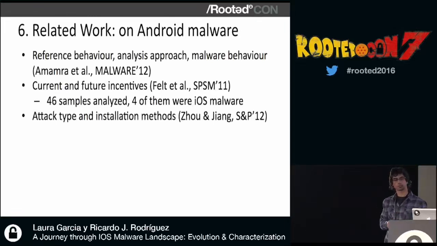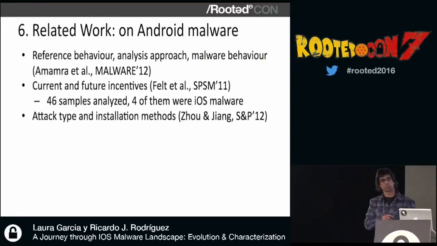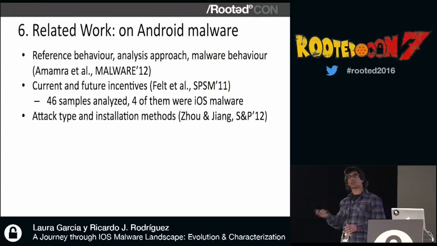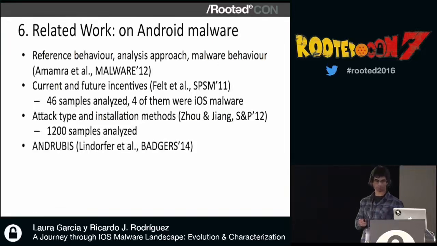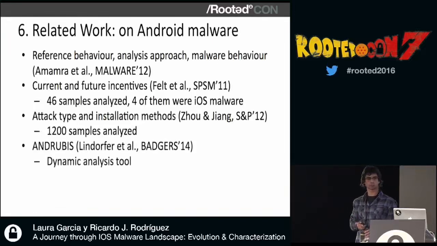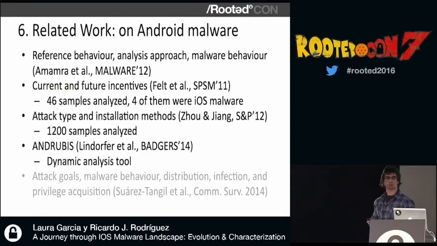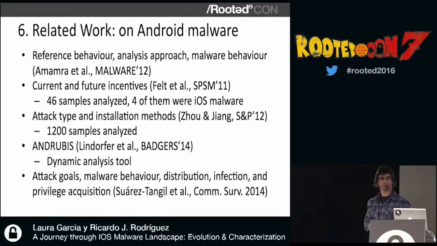This is a paper regarding the attack types and the installation methods, focusing on Android malware, with 1,200 samples analyzed. Yet another paper on Andrubis. I guess that you know about this. This is the paper where the tool was introduced. This is a dynamic analysis tool for Android applications.